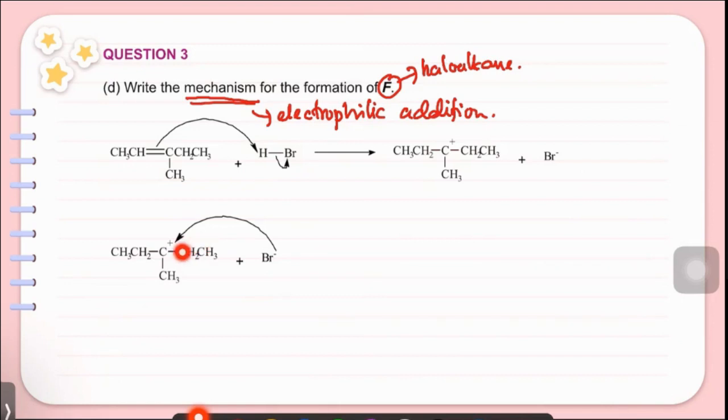So bila full head arrow, that means semua elektron yang ada pada Br dia akan share ataupun dia akan combine dengan another C. Sikit. So apa yang akan form di sini iaitu 3-bromo-3-methylpentane.